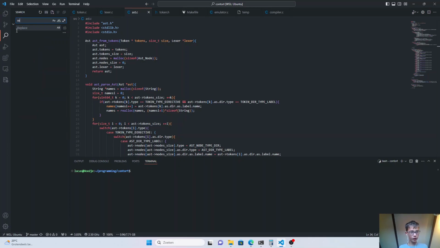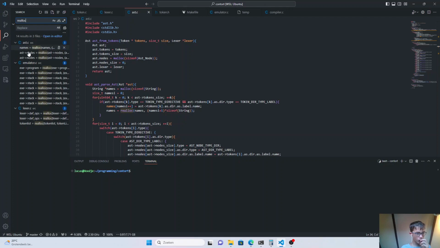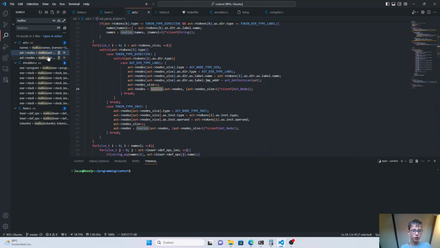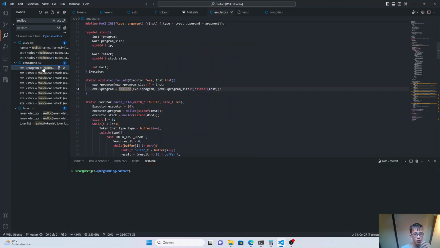If I just do realloc, I have names plus 1, names I plus 1. Same here, this is with the node size.